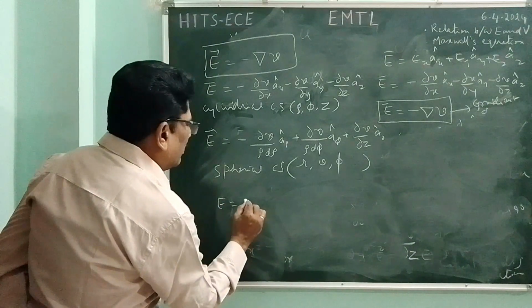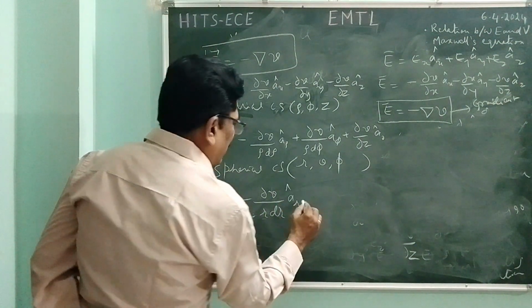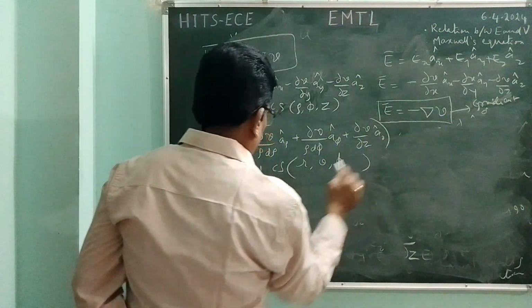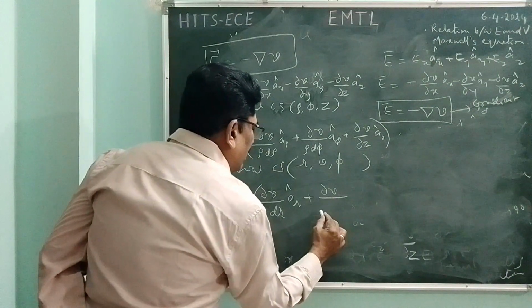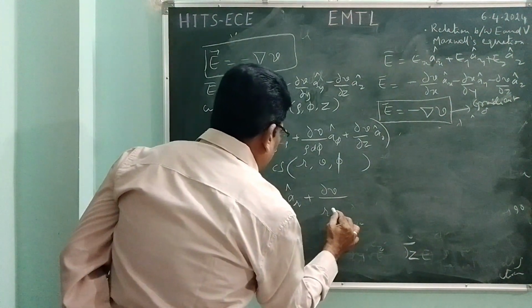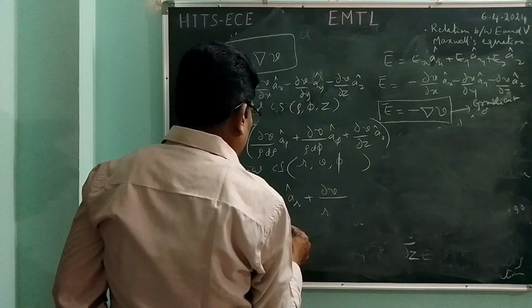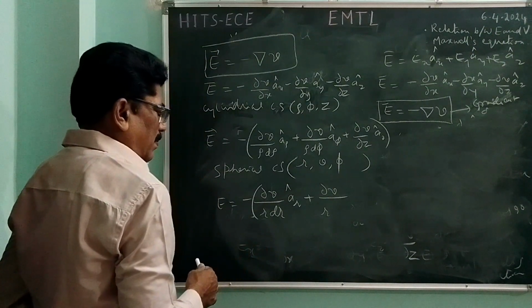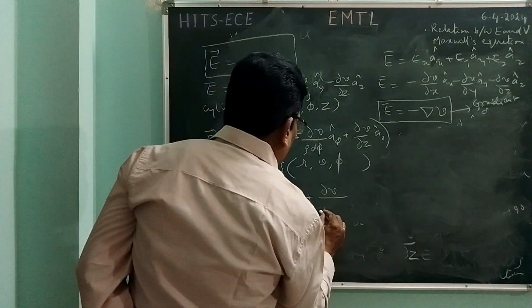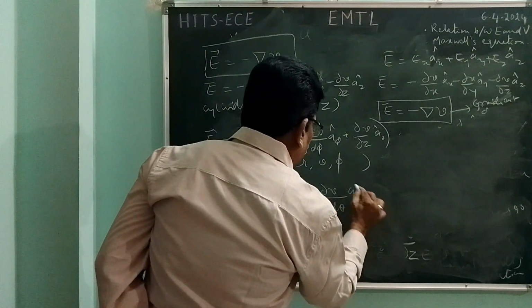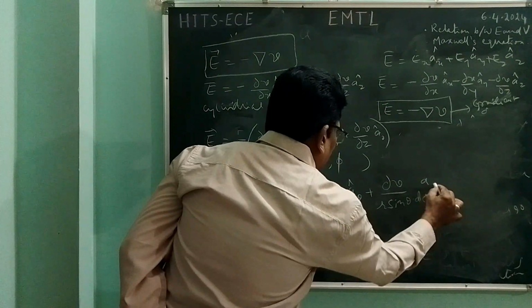So here E is equal to minus del V by dr ar cap plus del V by, for theta it is r into d theta a theta cap plus del V by r sin theta into d phi a phi cap.